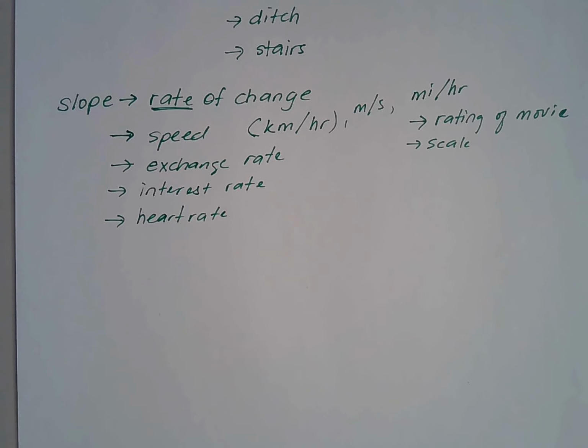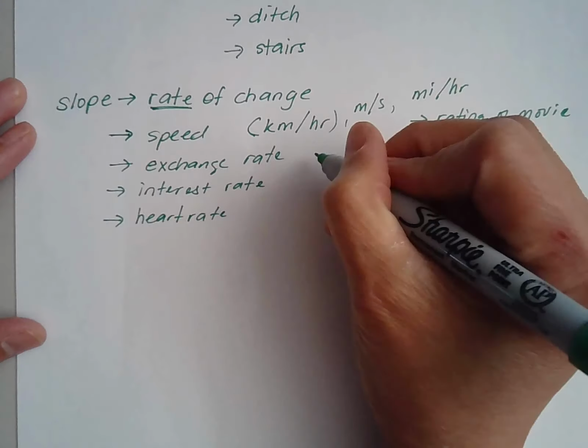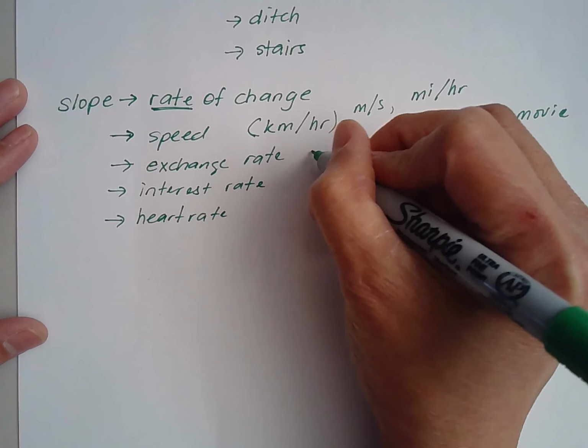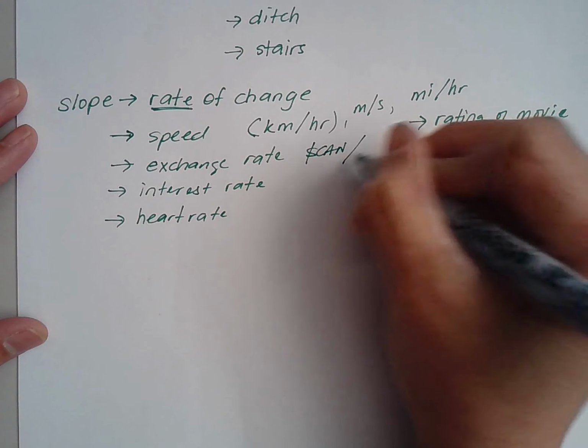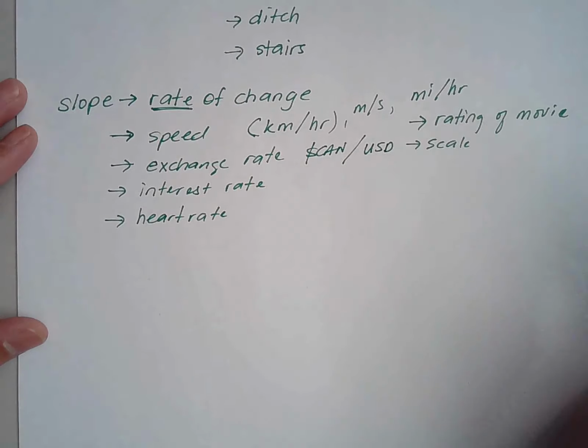Exchange rate. How would you do exchange rate? I don't even know what the exchange rate is because I never exchange money. You exchange US $1 compared to $2. So we can say Canadian dollars per US dollar.